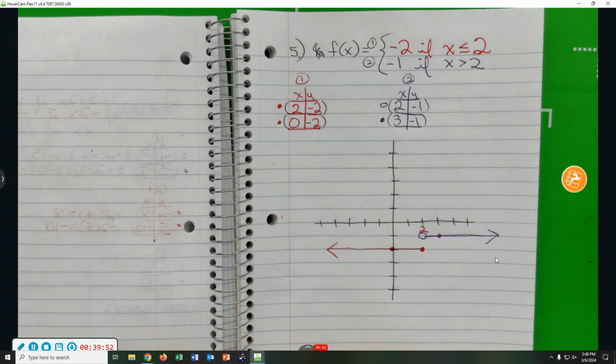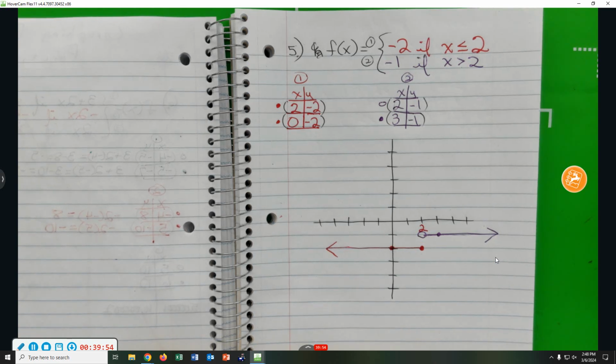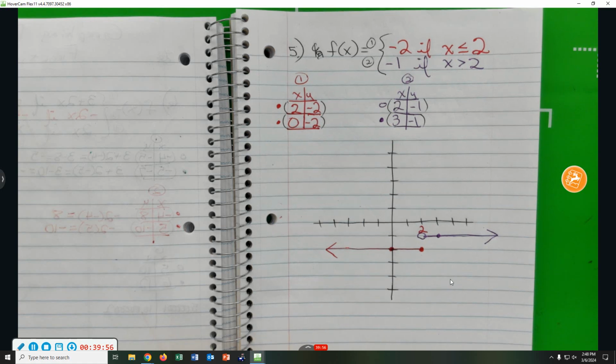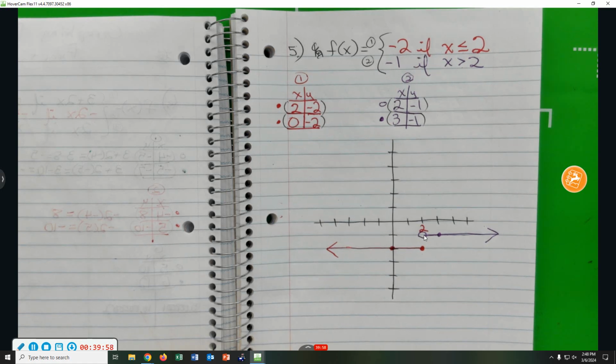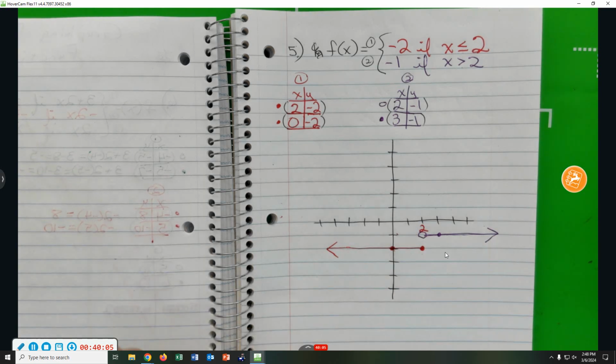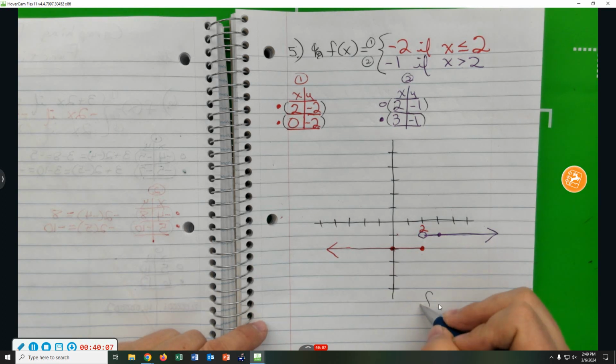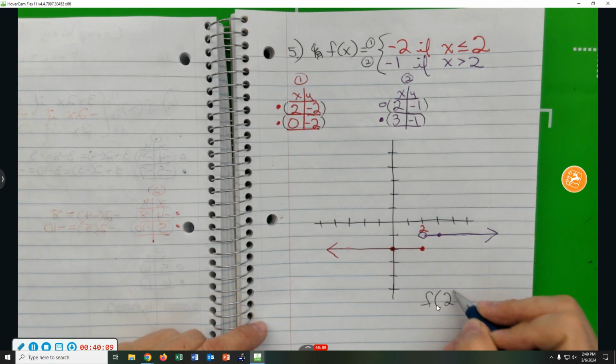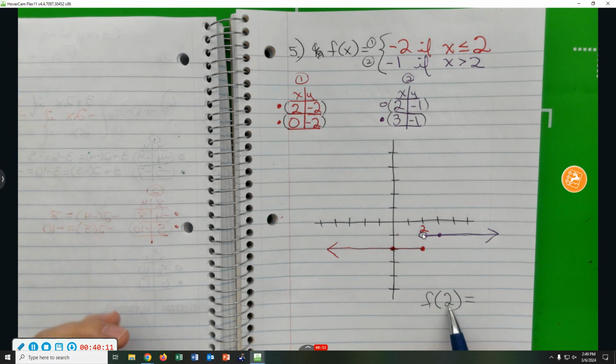If you were looking at a graph and it said find f of 2, what's the y value when x is 2?